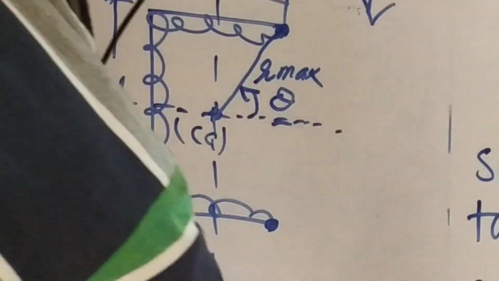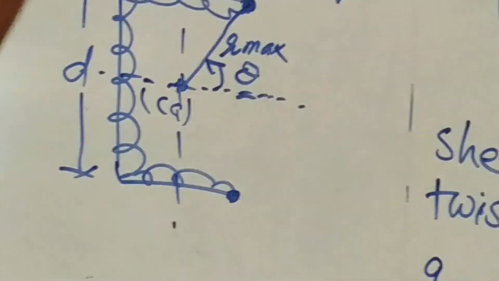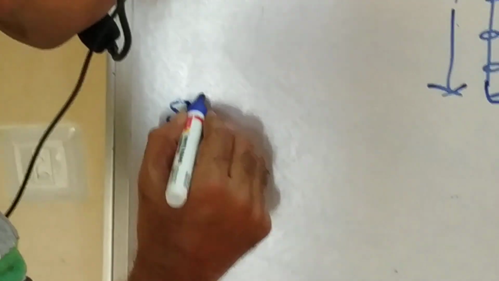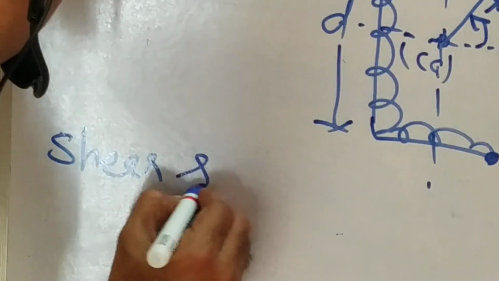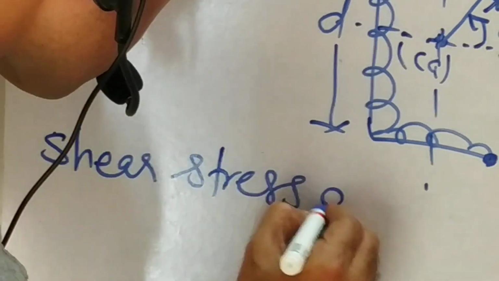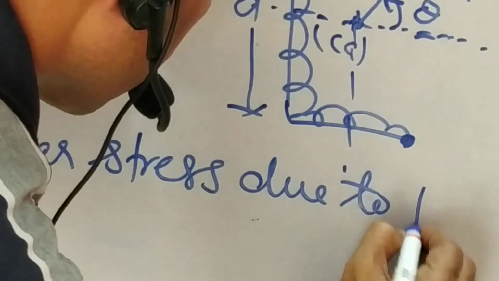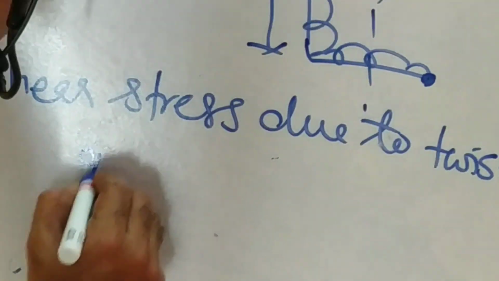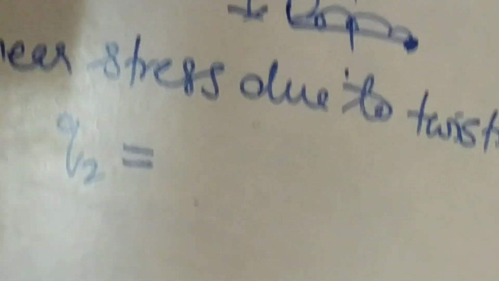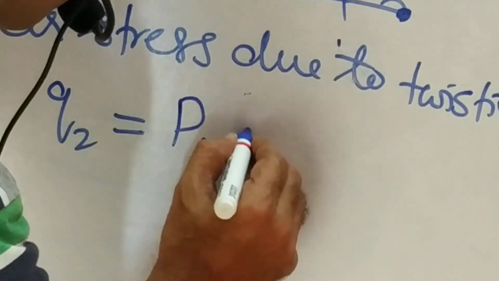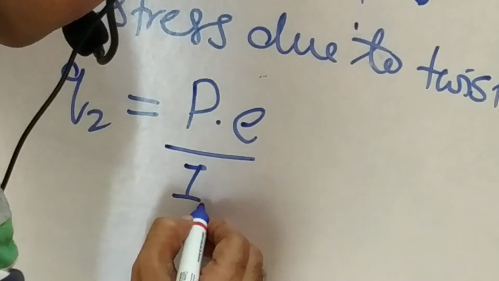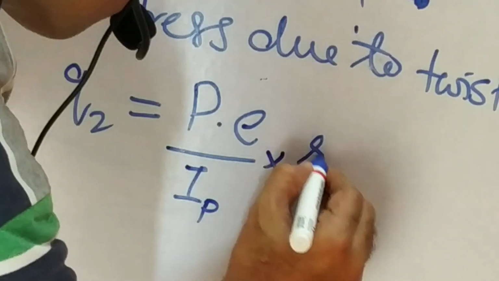So Q1 is the direct shear stress due to the vertical load, and another is a twisting shear stress due to twisting, which is Q2, equal to P into E by IP into R max.